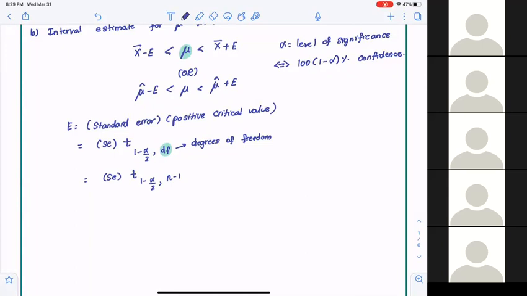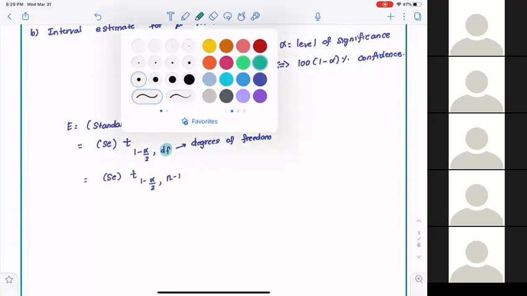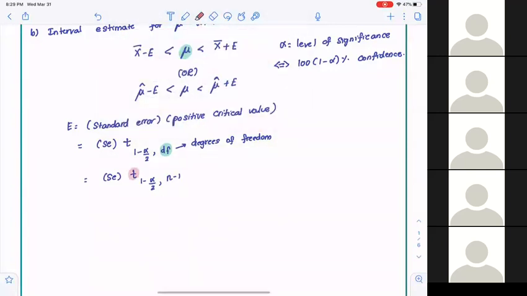So we use the notation t to indicate that we are going to obtain the critical value from a t distribution. So it is obtained using a student's t distribution.